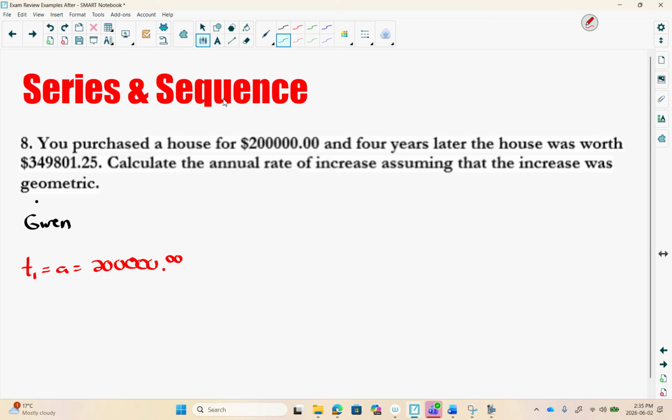Now, it says 4 years later, so understand this. You start at $200,000, and then you go 1, 2, 3, 4 years later, and you're at $349,801.25. So they're actually telling you term 1 and term 5.